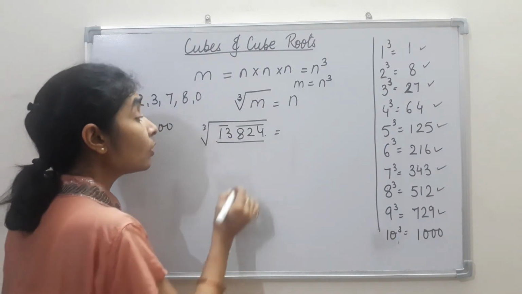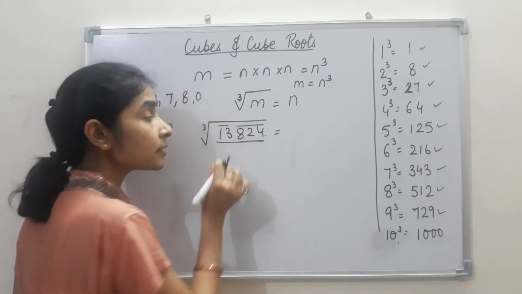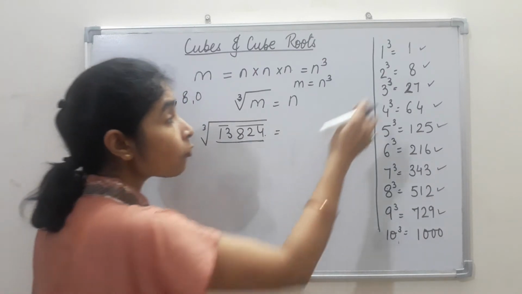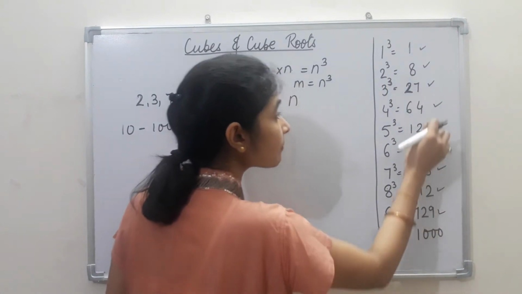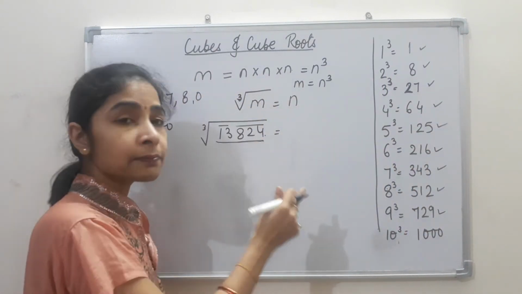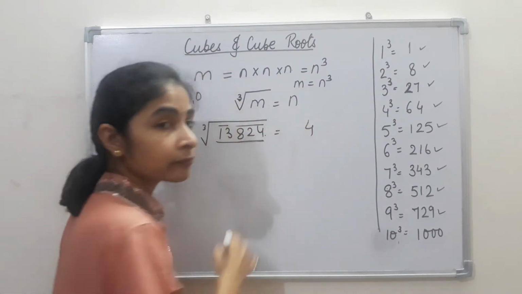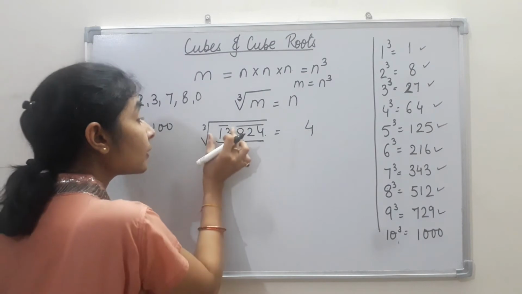Now we'll find out the ones place digit. What is the ones place digit here? 4. Now 4 lies in the cube of which number? Of 4. That means the ones place digit in the cube root of this number will be 4. Now 13.